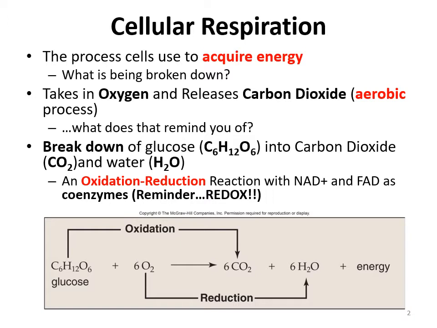Now, what they do in cellular respiration is just like when you have respiration, you have breathing, they take in oxygen and release carbon dioxide. Now, as soon as you hear that they're taking in oxygen, that tells you that it's an aerobic process. So you can circle aerobic and remind yourself that that means requires oxygen. Okay, so aerobes are cells that need oxygen.